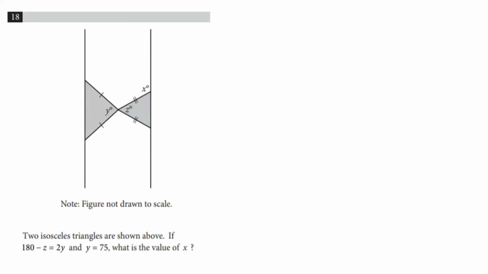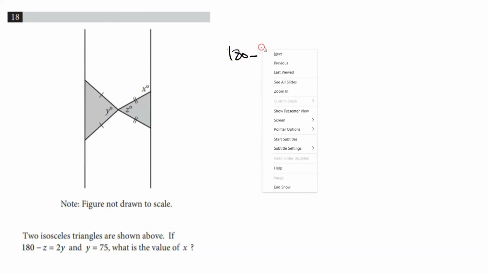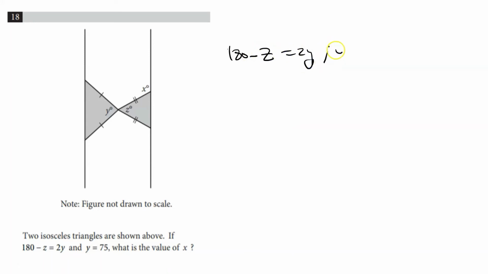Question 18 gives us a geometric problem that says two isosceles triangles are shown above. If 180 minus z equals 2y and y equals 75, what is the value of x? We can just rewrite this up here: 180 minus z equals 2y, y equals 75.